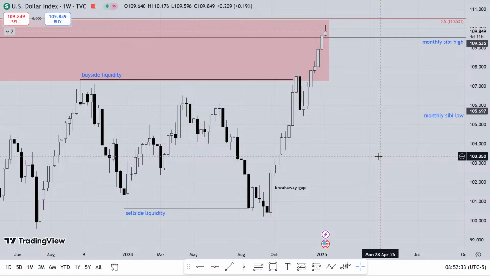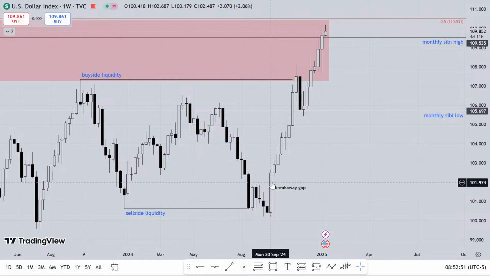Because I will be giving out a little bit of PDRAs and the PDRA matrix, the explanation and in-depth views on how the algorithm sees price within these PDRAs.